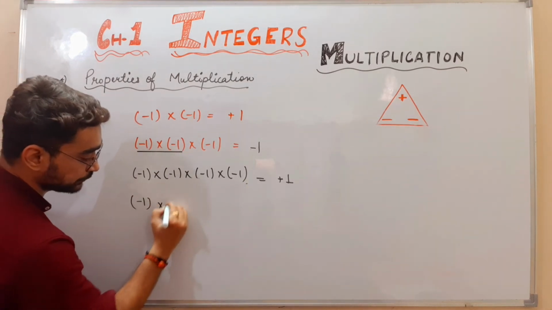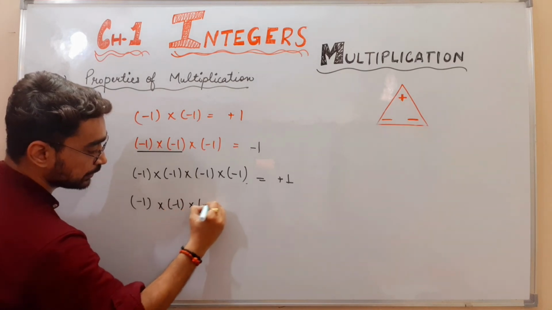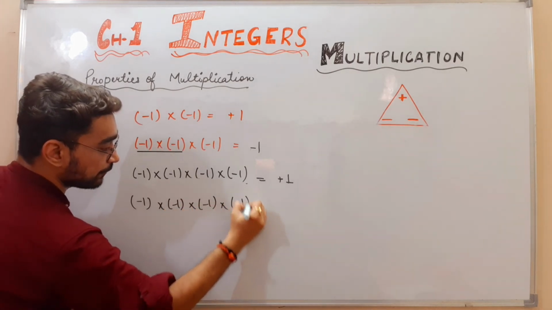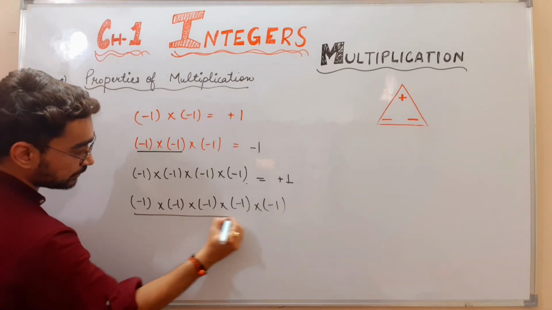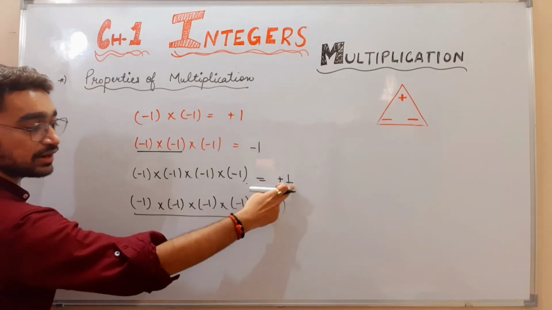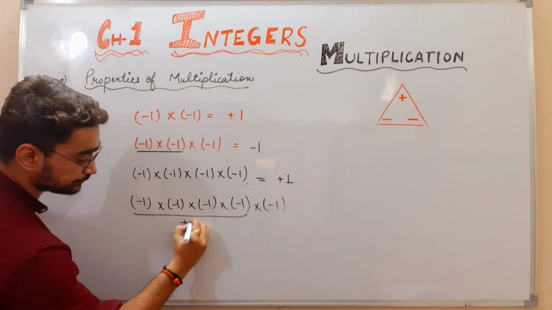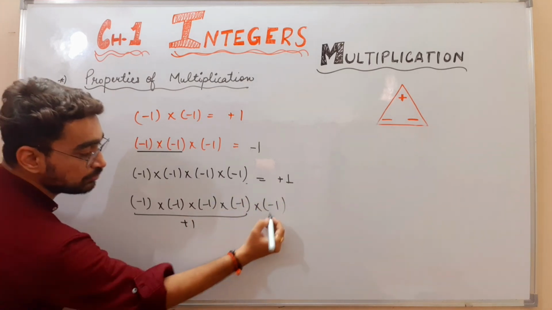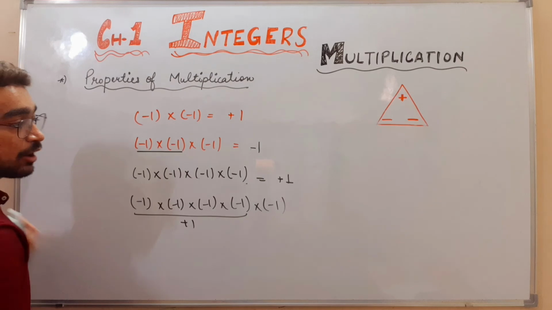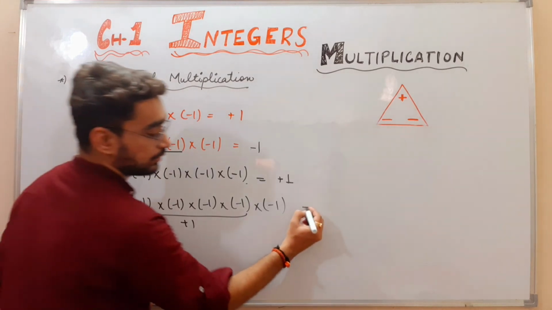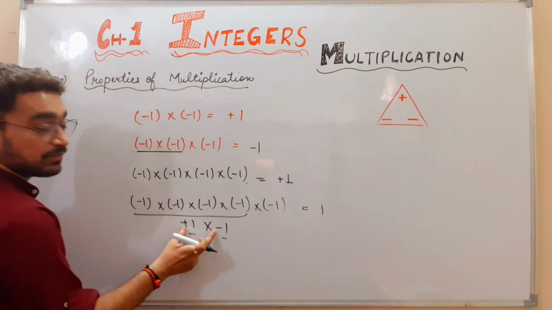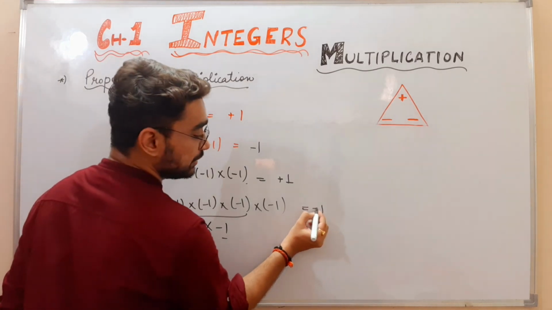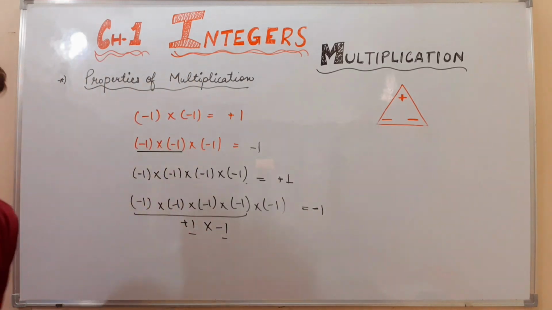You know that up to 4 times we are getting the answer as plus 1. Then plus 1 into minus 1, 1 ones are 1. One number is positive, one number is negative, so the answer will be negative.